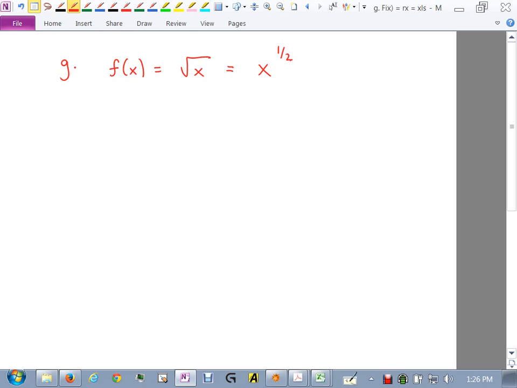So when it comes down by 1, I need it to turn into a 1/2, right? So what do I need to start with that when I subtract 1 from it, I'd get 1/2? 3/2, right? So I know this much. I need x to the 3/2 up here. That's 1 more than this. I'm just adding 1 to 1/2. 1 plus 1/2 is 3/2.